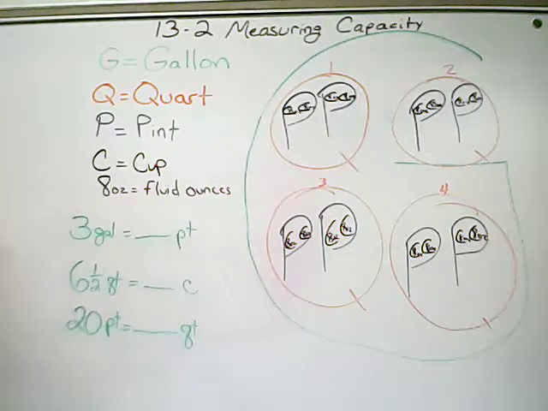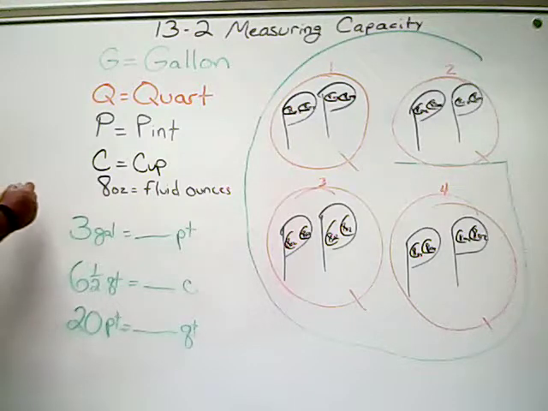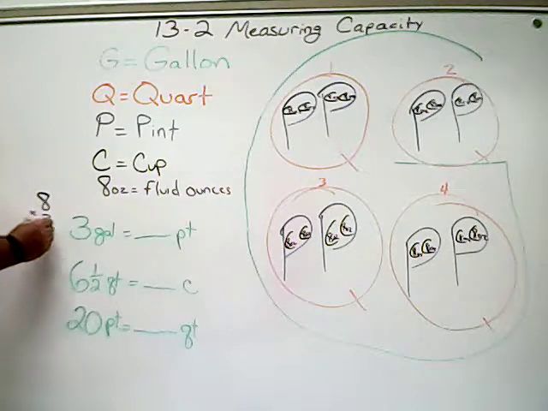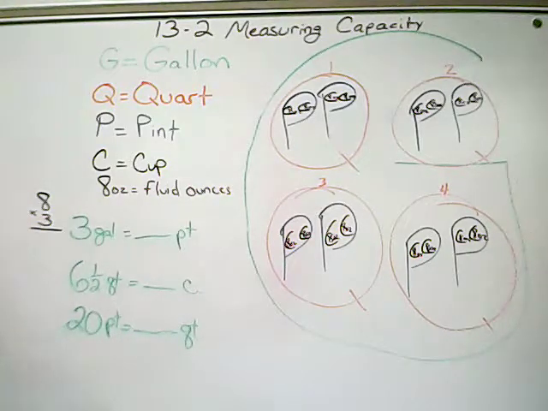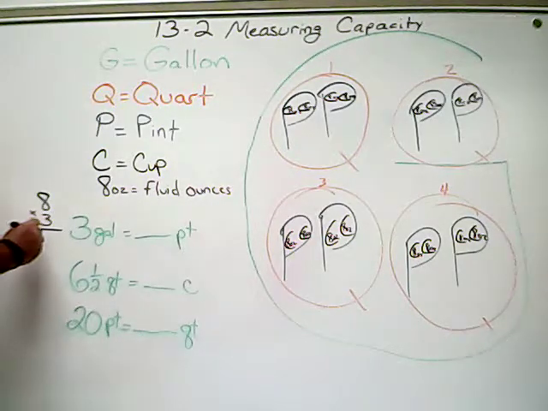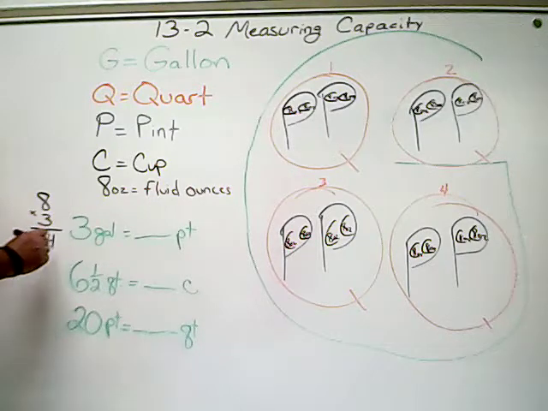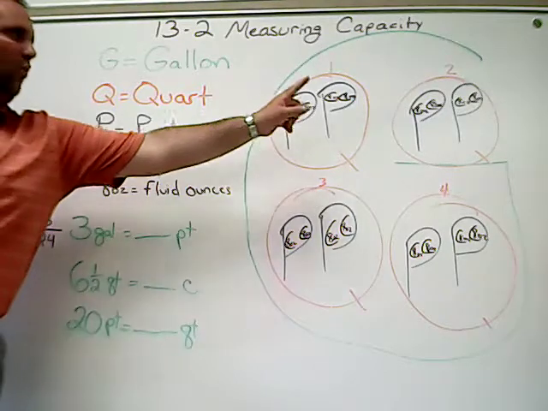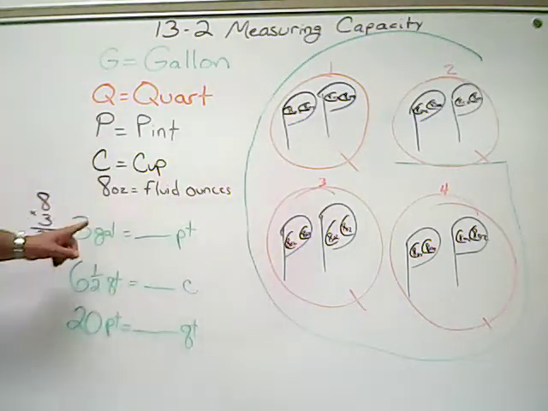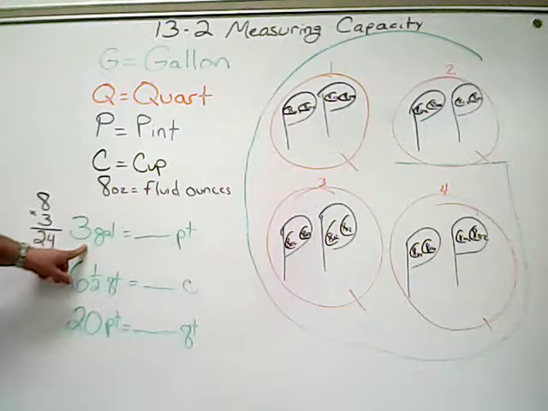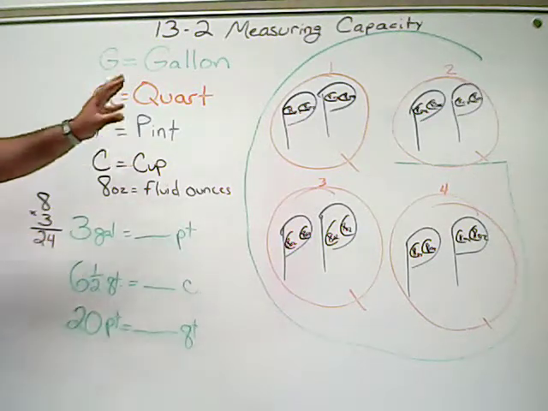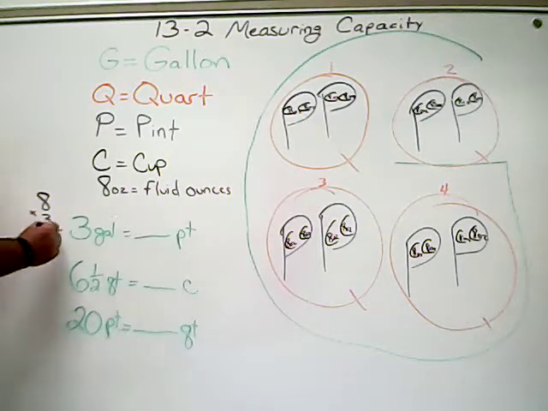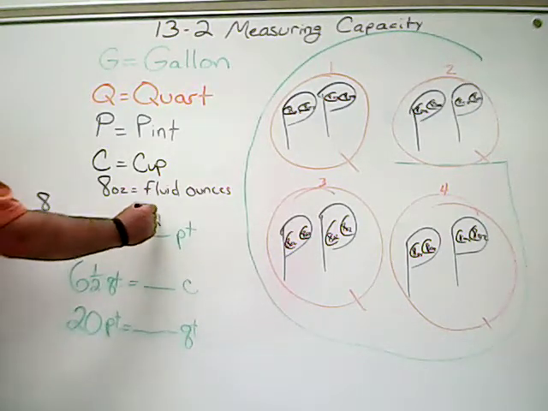So what I want to do is take my 8 pints inside 1 gallon and do that 3 times. 8 times 3 equals 24. Remember, I got my 8 because there are 8 pints in 1 gallon. But again, I'm not talking about 1 gallon, I'm talking about 3 gallons. So 8 plus 8 plus 8, or 8 times 3, equals 24 pints.